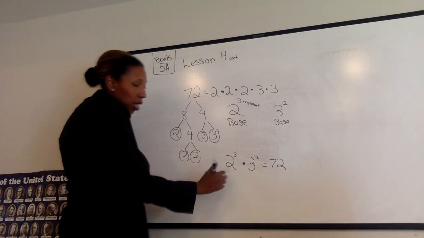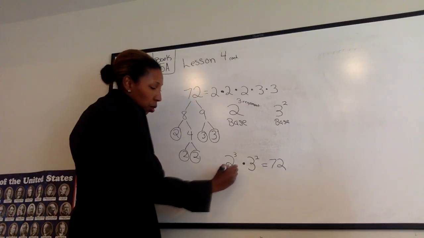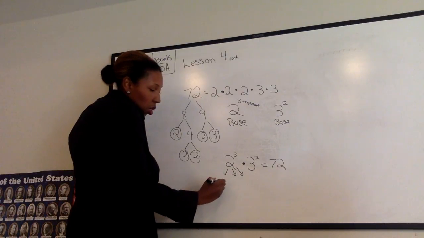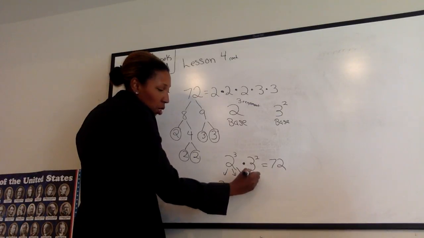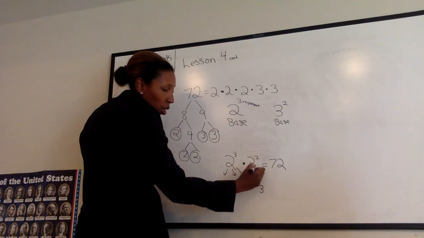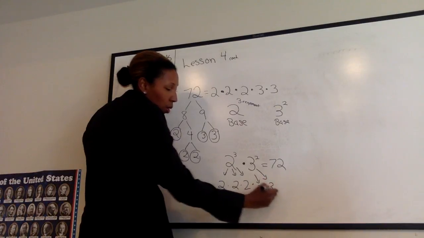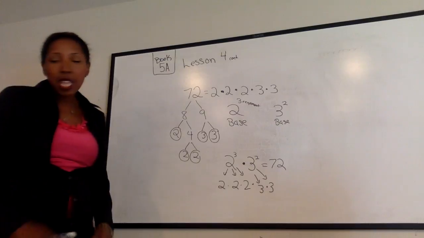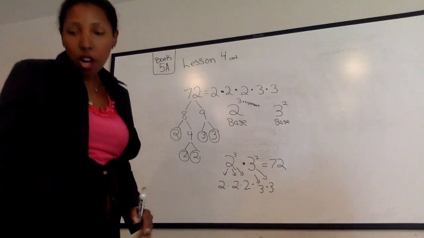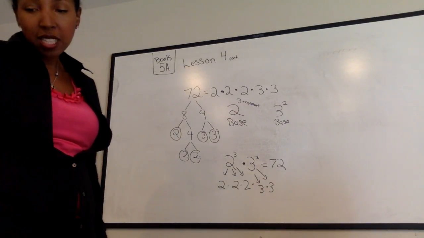And this again would break into 2 times 2 times 2 times 3 times 3. Okay, so that just shows you how you're going to use exponents. It's not that hard, but you just have to get into the practice of it.